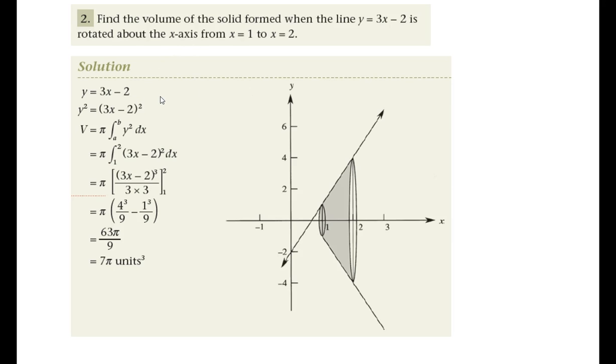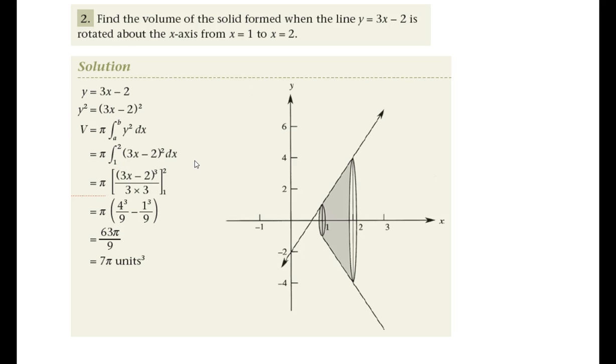You've got y equals 3x minus 2. Our formula requires y squared, so all we have to do is square both sides. So we now plug that into our formula: the integral of (3x minus 2) all squared dx, from 1 to 2.